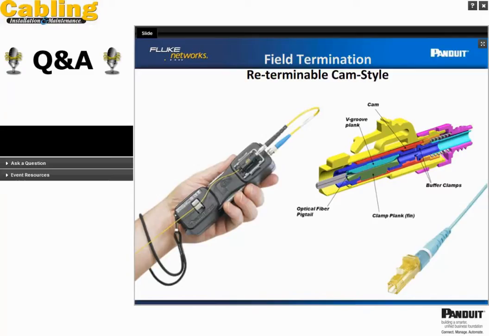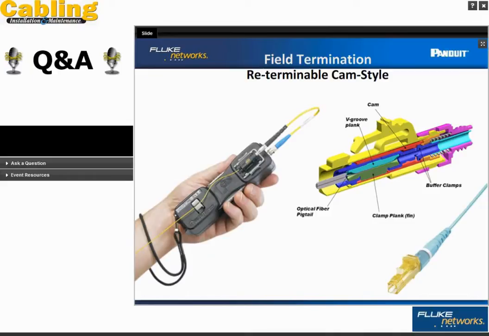So for this connector here, we typically say 3 re-terminations is a good number, and that's a function of 2 things: pushing debris back into the connector, into the clamp area, and pulling gel out. So those two things over time minimize the effectiveness of the connector.